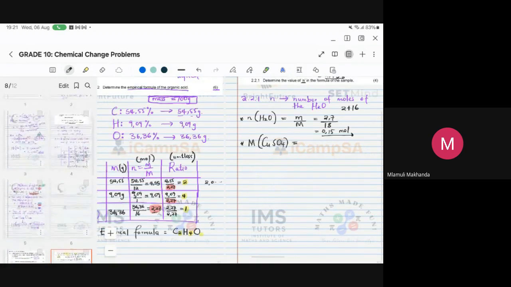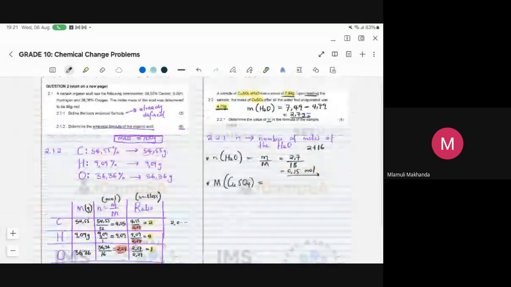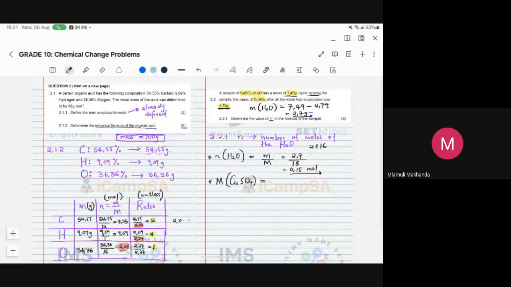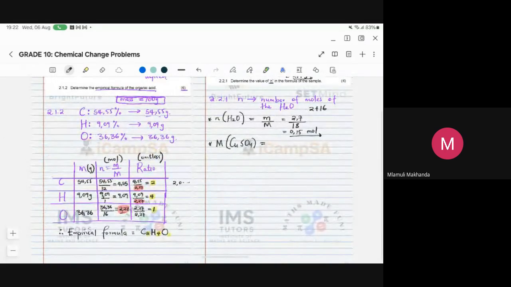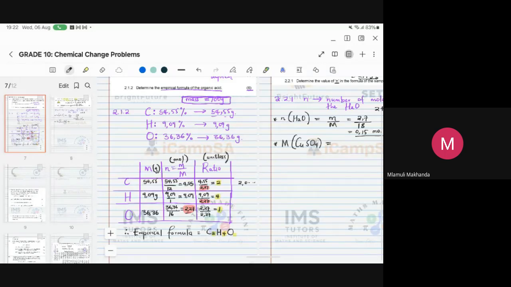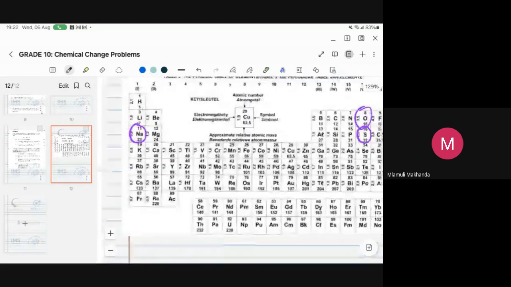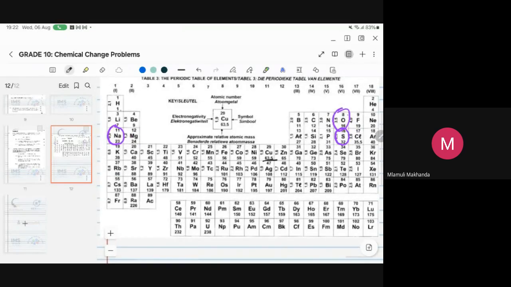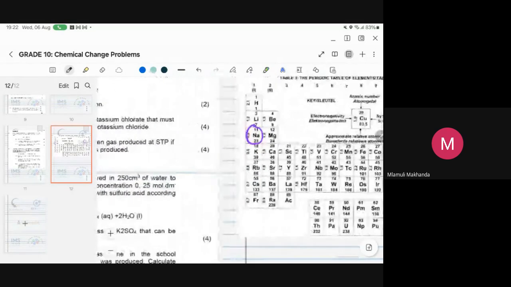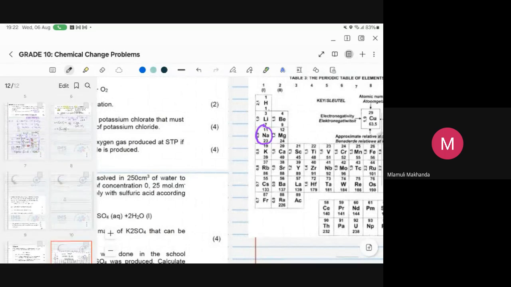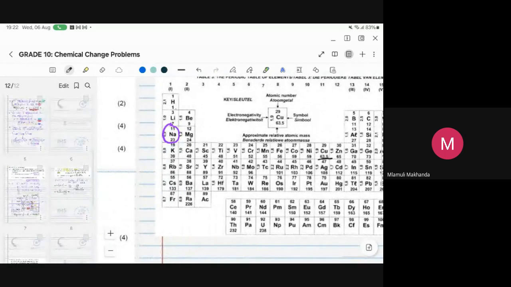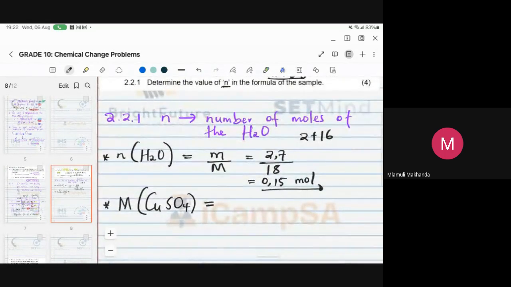Good. All right, so for the molar mass of copper sulfate, you can use your periodic table. We know that for copper, our molar mass is 63.5, then for sulfur it is 32, and so on. So we will have 63.5 plus 32 plus, for oxygen, just 16.